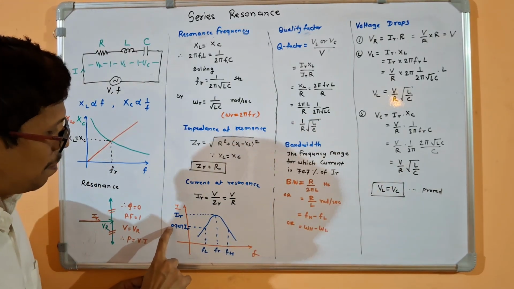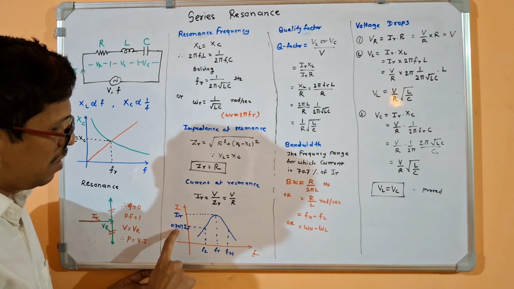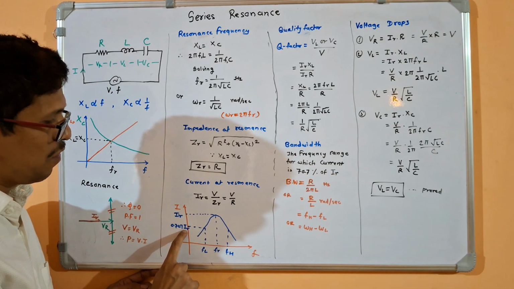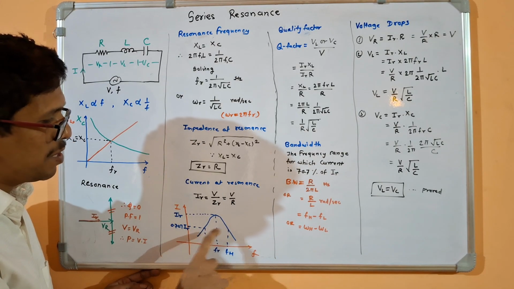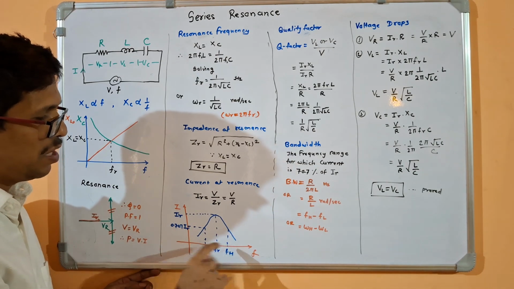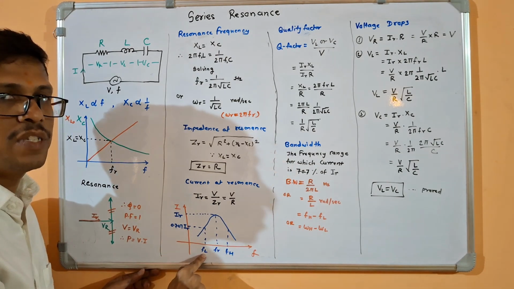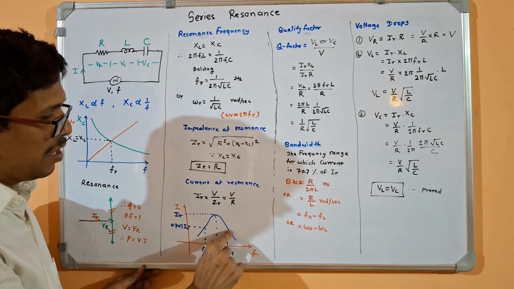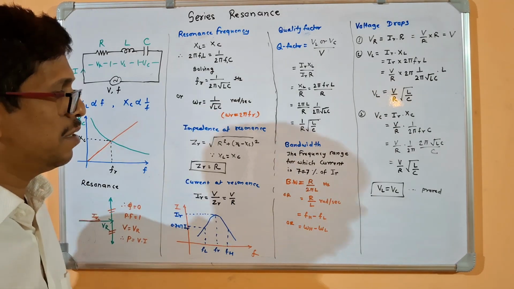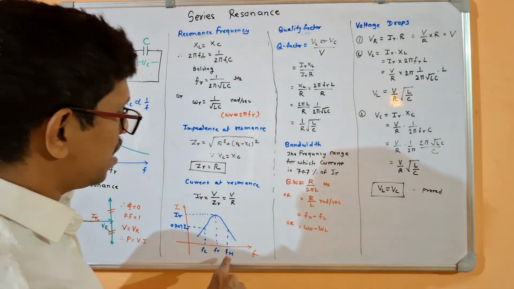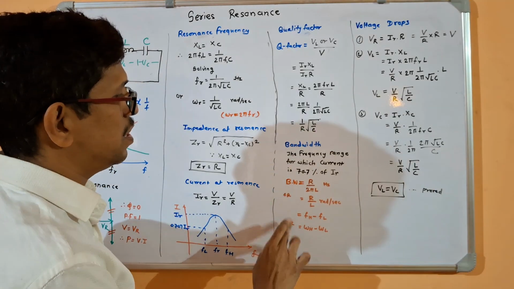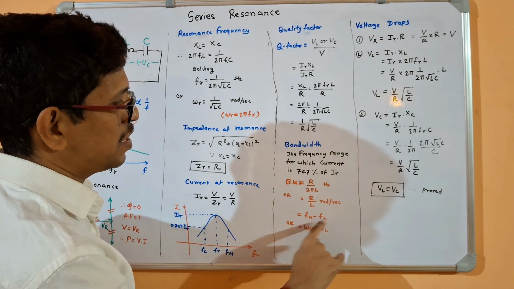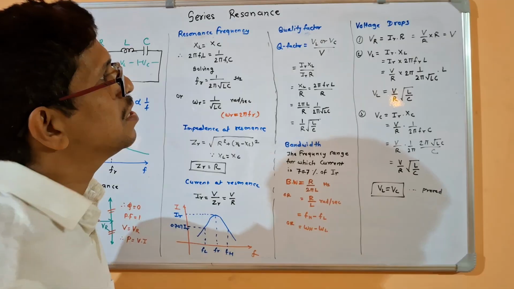So here if I draw the line for 70.7% of IR, I will get 2 times crossover with the curve. So first crossover is the lowest frequency FL and the second crossover is FH, that is higher cutoff frequency, lower cutoff frequency, and therefore it is FH minus FL, or you can say WH minus WL.